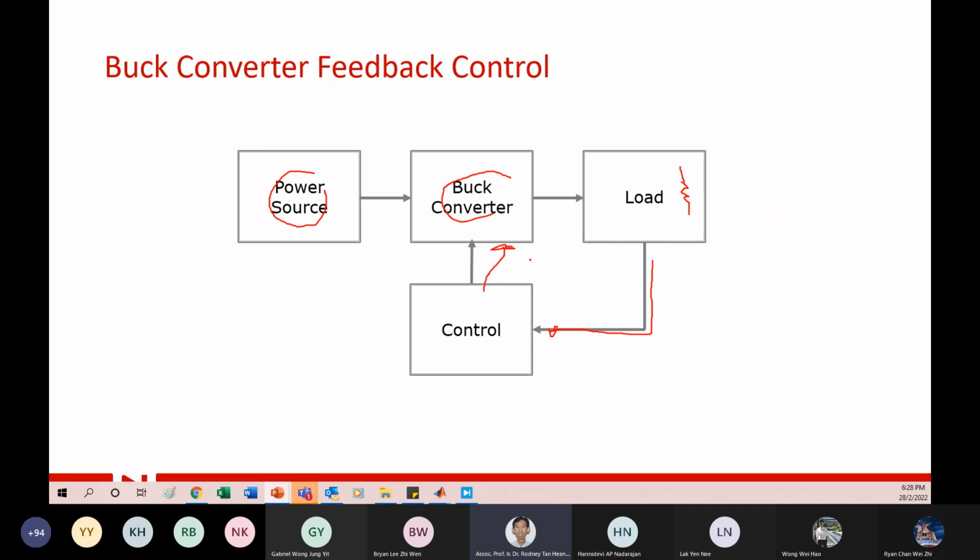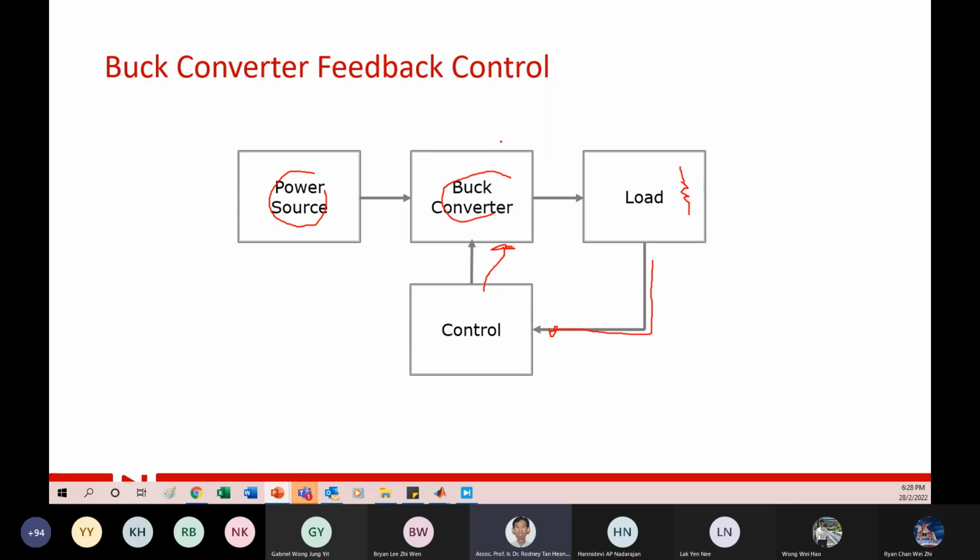The good thing about feedback is that, remember just now when you wanted 5 watt, you had to try and error, like 0.41, 42, 43 until you get 5, because you were doing manual control. But with feedback control, this is done automatically. You just need to put in the reference voltage that you want this buck converter to output, and the control will do it for you.